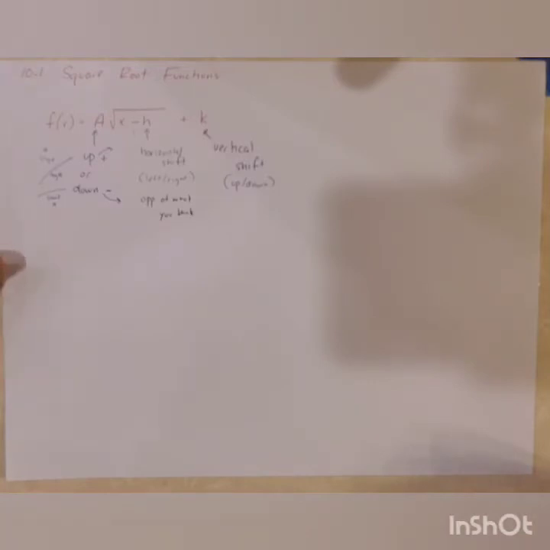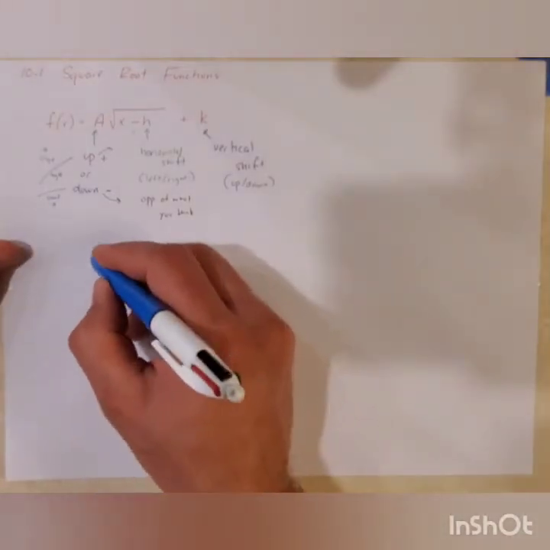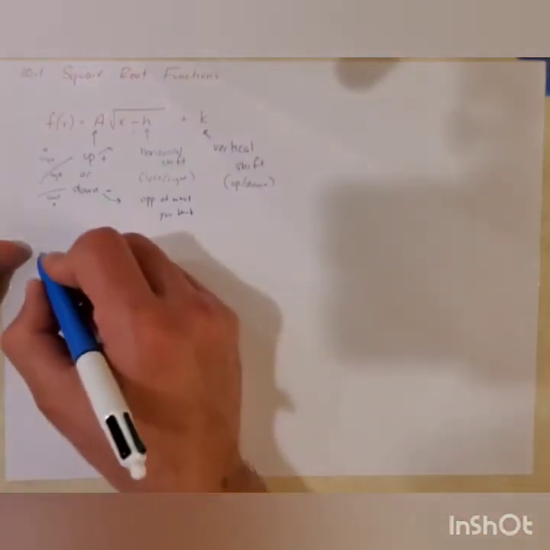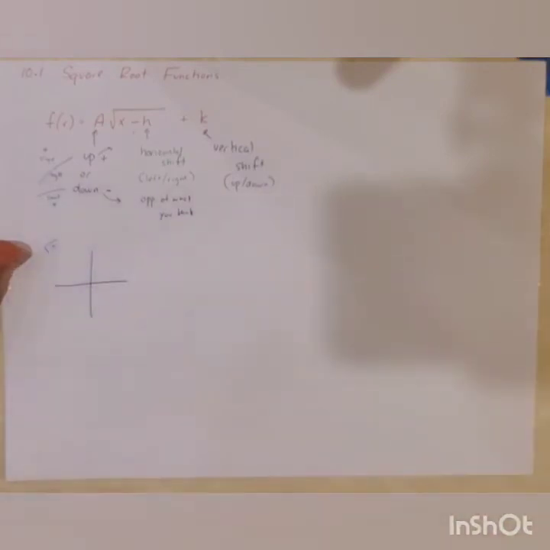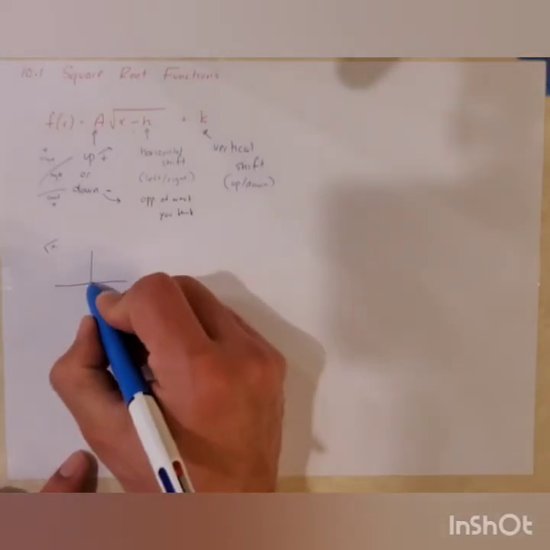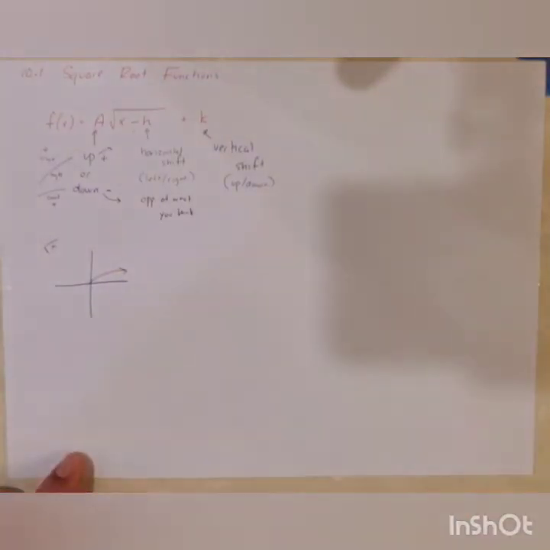So once again, let's talk about this. Your original graphs, nothing fancy. This was the first one we did, square root of x. Your square root of x just looks like this. Nothing special, nothing great about it.